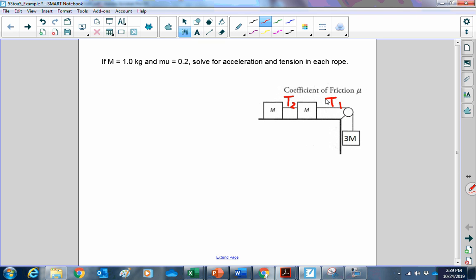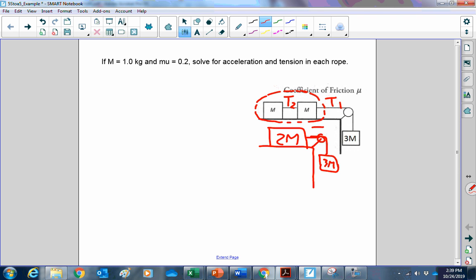I'm sure there are lots of different ways, but the one thing I'm going to do to simplify this right off the bat is combine these 2 blocks into one, as if they were a single block. Then treat them together and make that rope internal to the system, and come back and figure that tension out later.